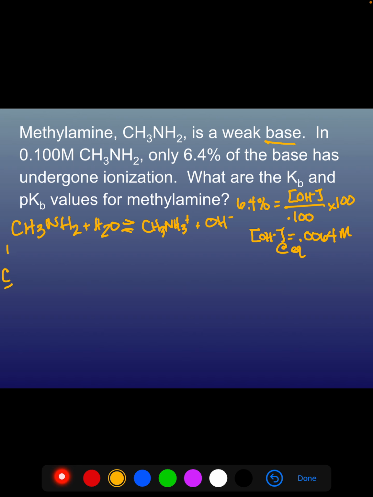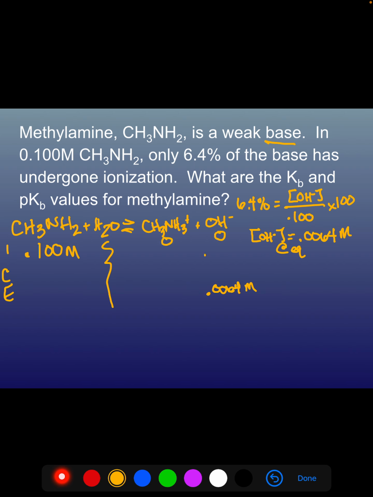So it told us our methylamine we started with was 0.100 molar. We're ignoring water because it's a pure liquid. And we found that the equilibrium amount for hydroxide was 0.0064 molar. And initially we would have none of these ions.